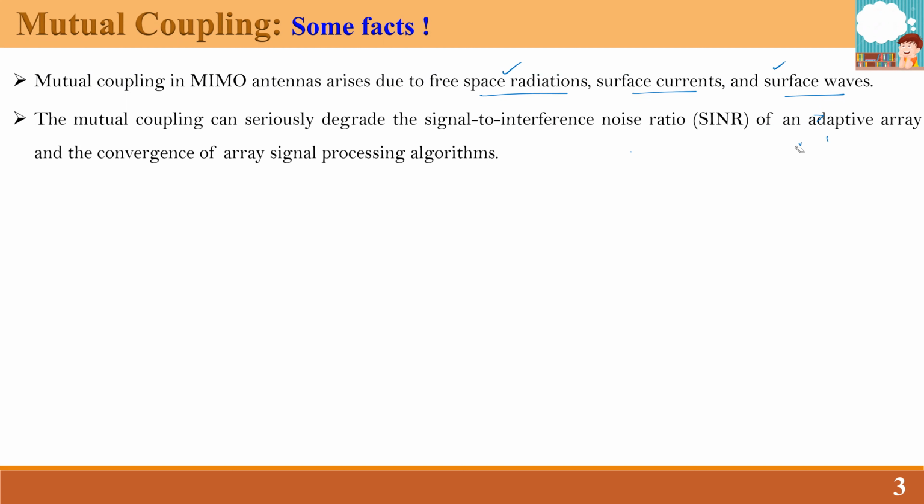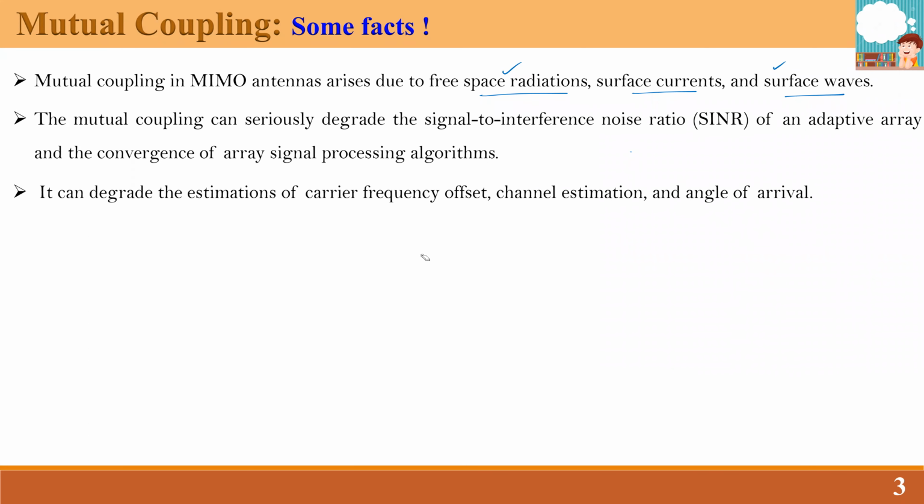The first answer is yes, one can improve SINR with some kind of adaptive algorithm through signal processing. But at the same time, you may face drawbacks or limitations in the signal processing method, so it is always better to improve such things from the circuit level itself. You will get to know more details in the subsequent slides.